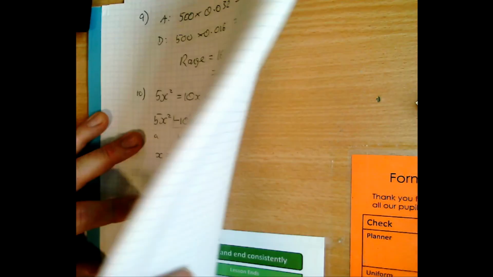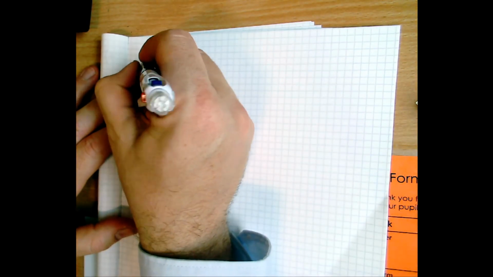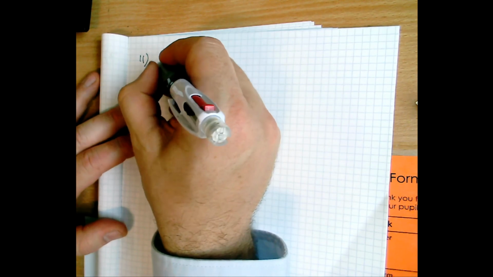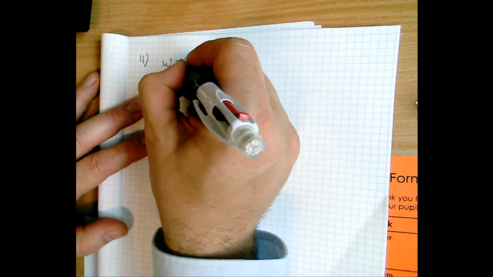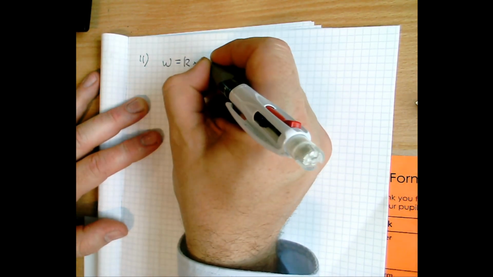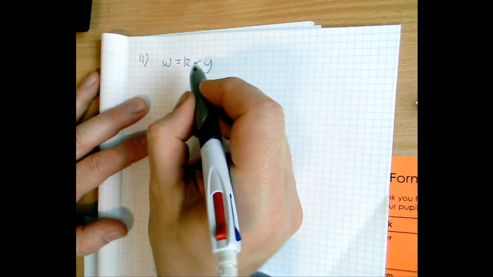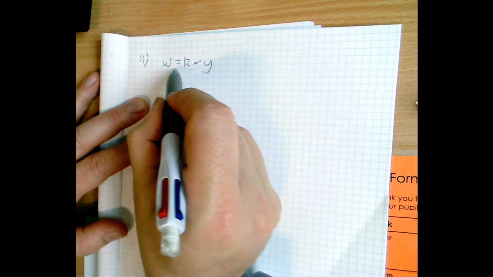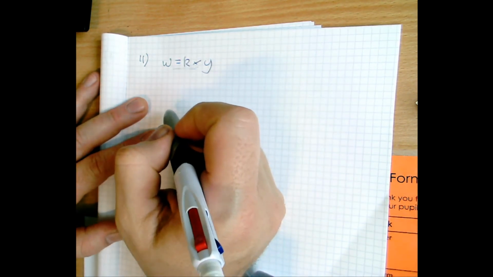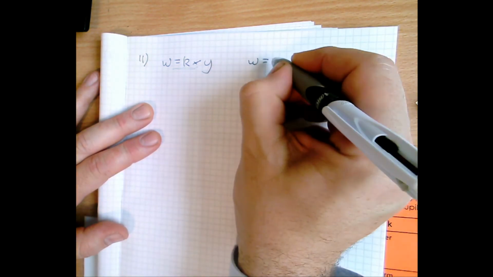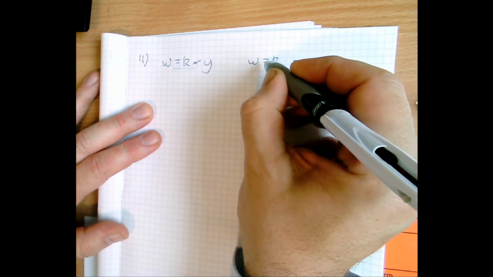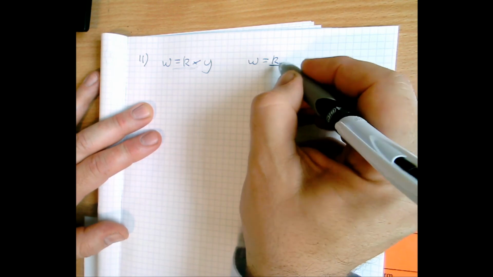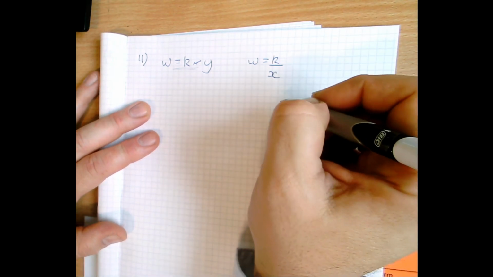Number 11. W is directly proportional to y. So the key here, remember, directly proportional: w equals k times y. W is inversely proportional to x: w equals k divided by x.